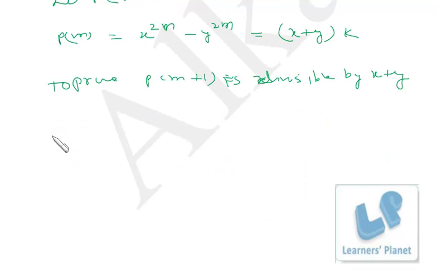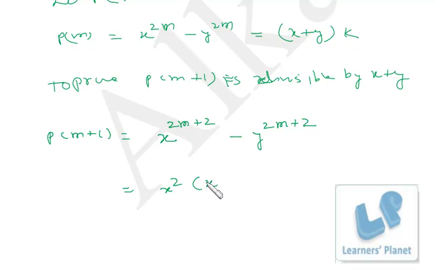So we write down Pm plus 1. So that is x raised to 2m plus 2, because instead of m I'll be writing m plus 1. So m plus 1 into 2 will be 2m plus 2, minus y raised to 2m plus 2. So it is x square into x raised to 2m minus y square into y raised to 2m.